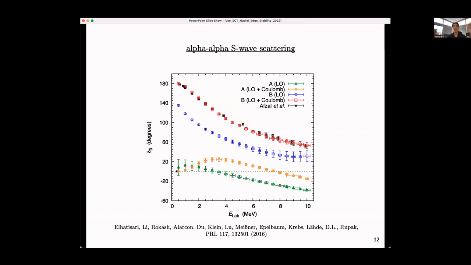And so what we're saying is that the local part of the interaction actually plays some role. And the underlying physics of this is the fact that the alpha particles are somewhat compact objects, and the local interaction is more coherent in producing an attractive interaction between the alpha particles, whereas non-local interactions are less coherent in producing an effective alpha-alpha attraction.